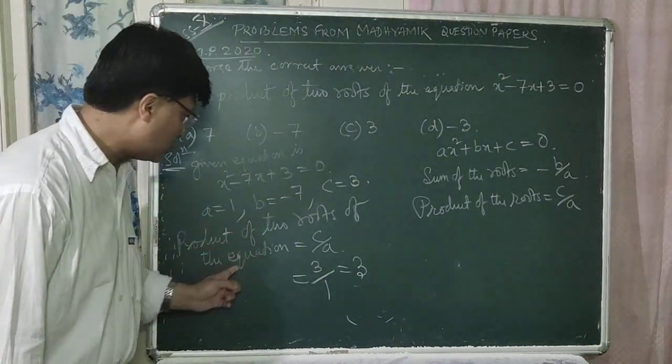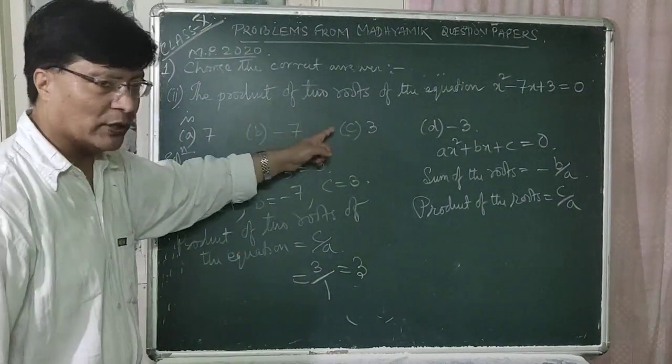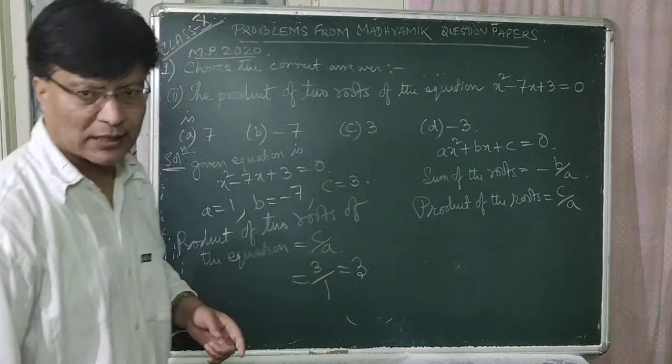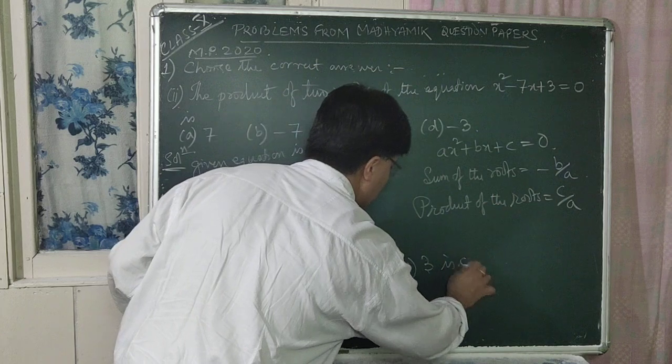So the product of the roots of the equation is 3. Which is the correct option? C is the correct option, that is 3.